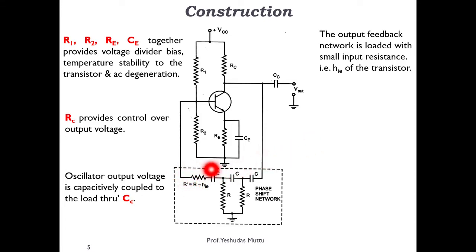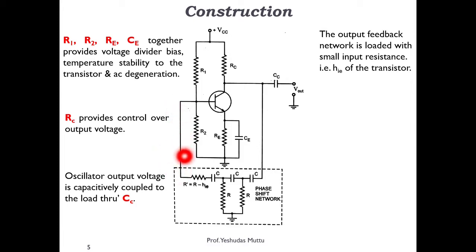Now, the output of this phase shift network is given to the base of the transistor. But you all know that a transistor model has hie, which is a very low resistance. So you can find here there is C and there is R, but this R value is not just R, it is R minus hie. Why is hie subtracted? Because the internal resistance of this transistor is going to appear in series.